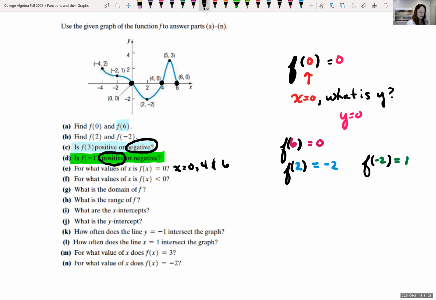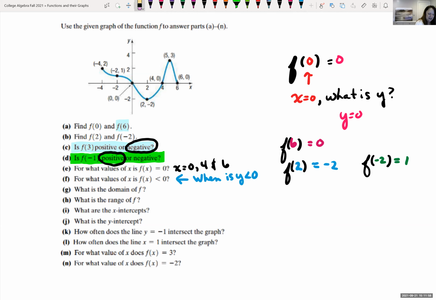Part F says, for what values of x is f of x less than 0? So this tells me I'm looking for when my y values are less than 0. If you look at the graph, y is less than 0 below the x-axis.